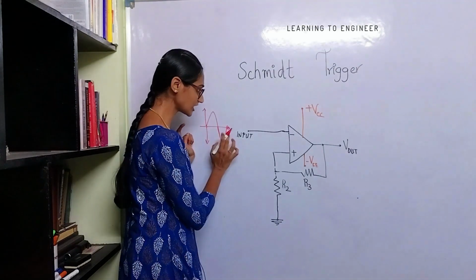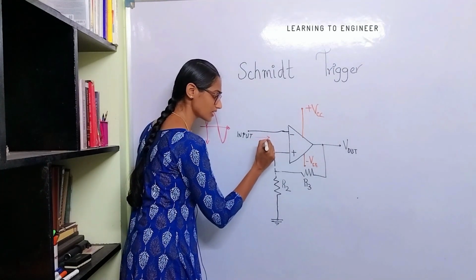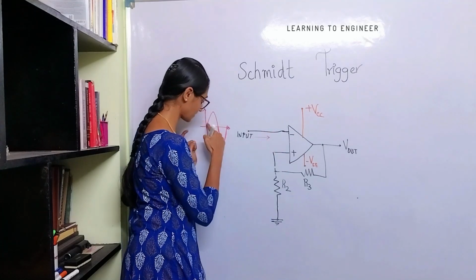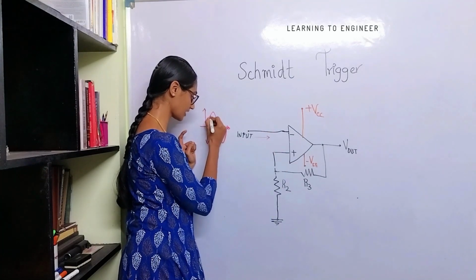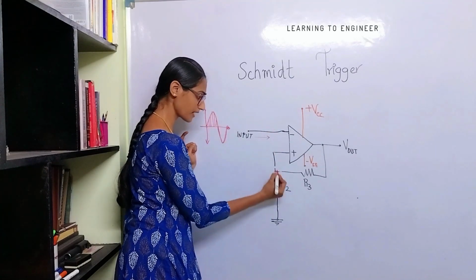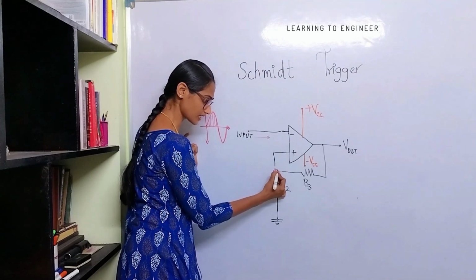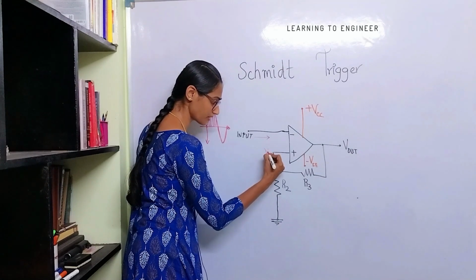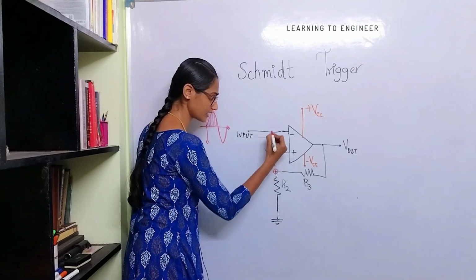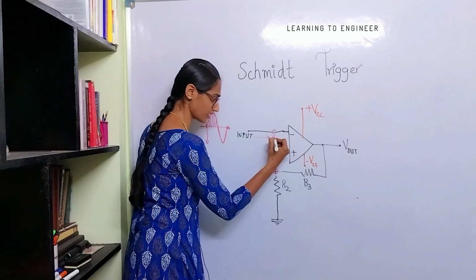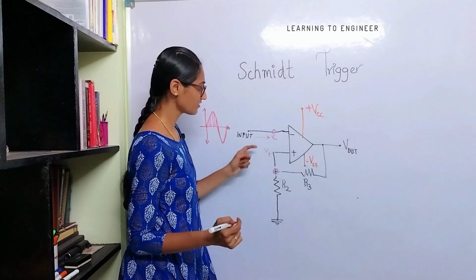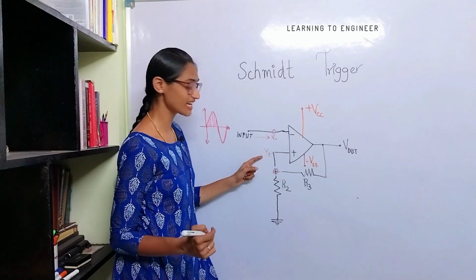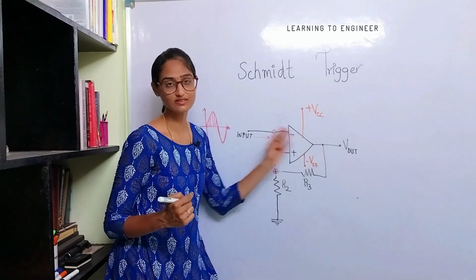Constantly, when you are applying this to the negative terminal, this input at every instant will be compared with the voltage at the positive end. Let us say this is called V plus, and this is called V minus. Every instant, V plus and V minus will be compared and the difference will be amplified by this amplifier.